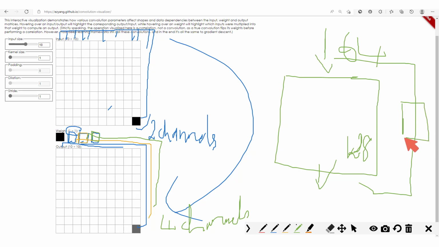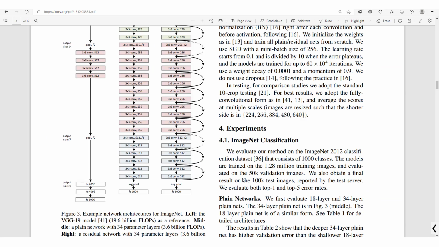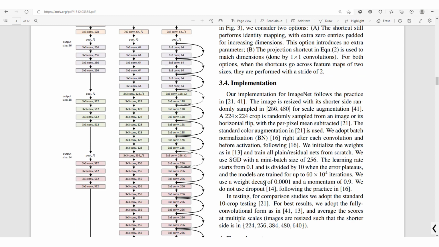Then we could add these one-by-one convolutions with a certain number of filters, such that we get the desired number of channels. So here we could have 128 one-by-one filters, and then this will match up with this output right here, such that we could carry out the element-wise addition.